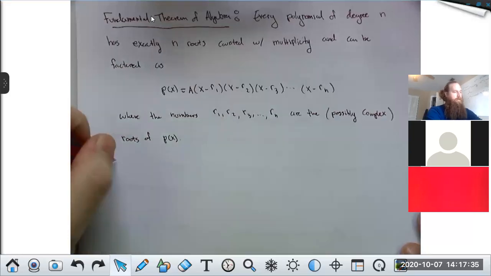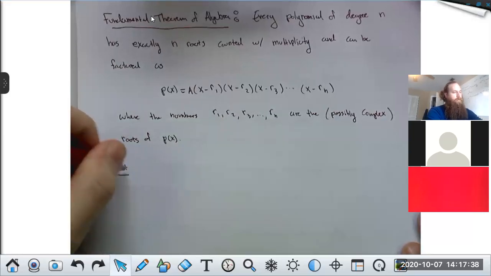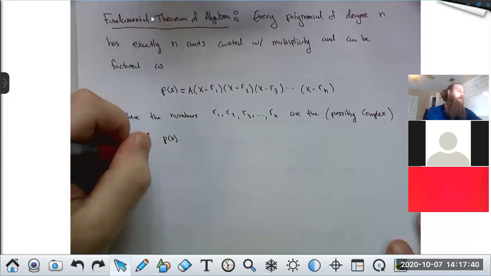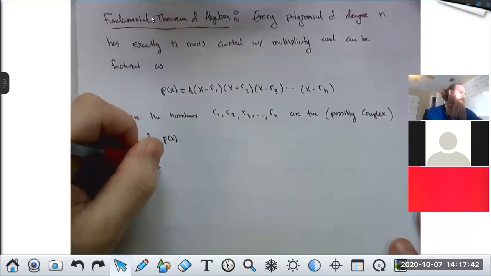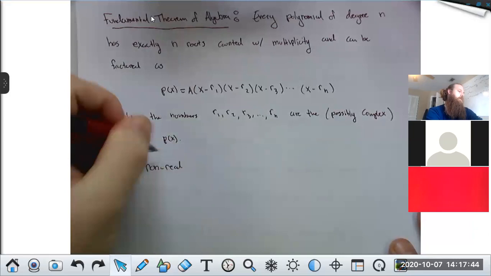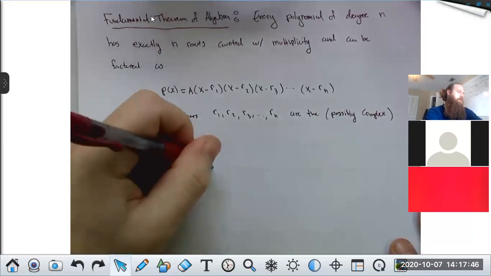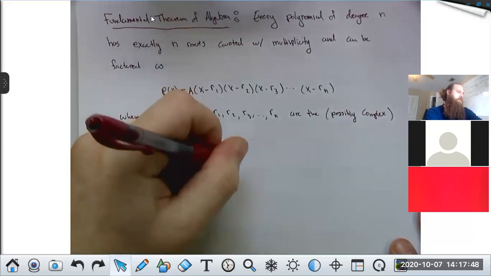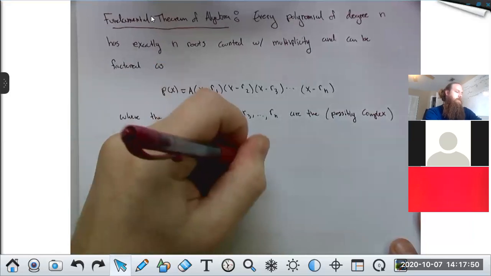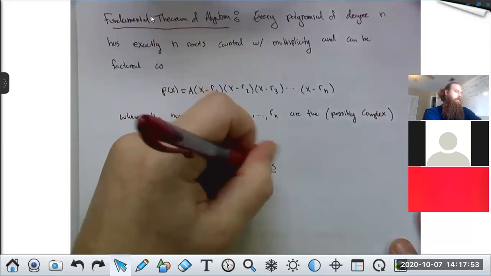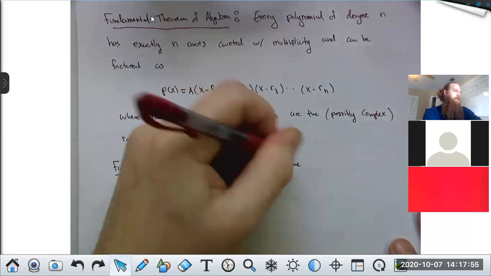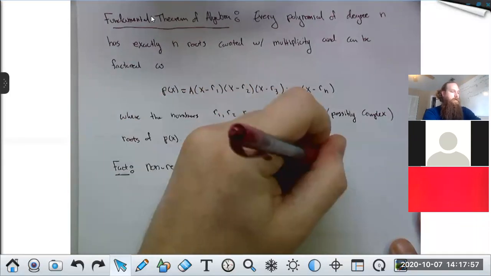A neat fact, and you want to remember this: non-real complex roots always come in conjugate pairs.